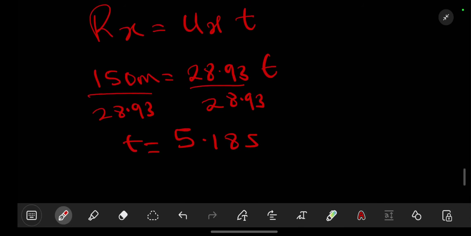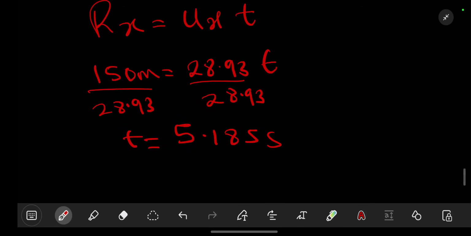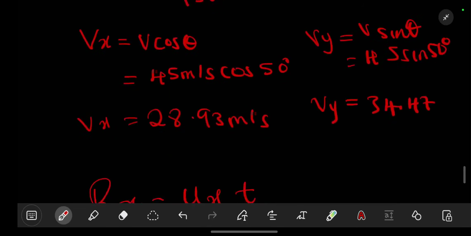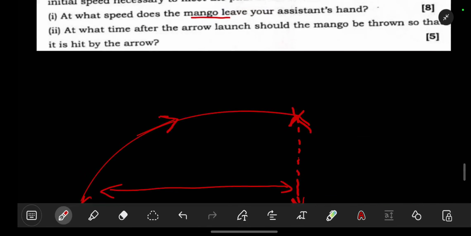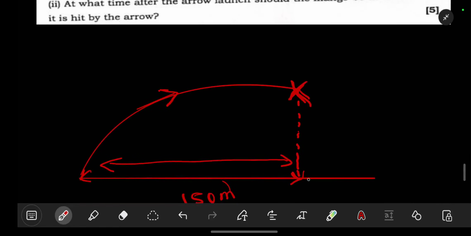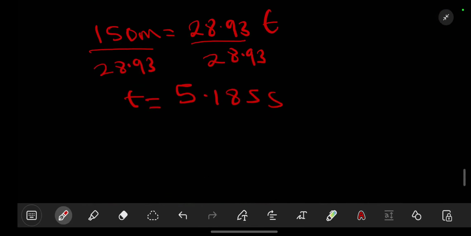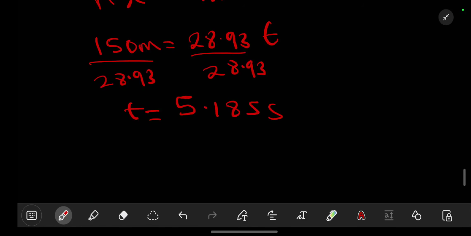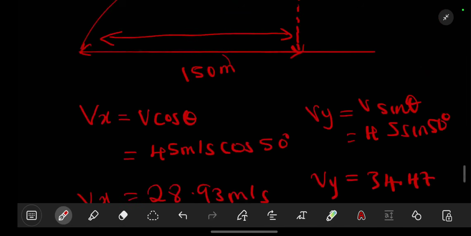So this is the time it will take for it to move from this point to where the 150 meter mark is. So from here up to here, it will take 5.185 seconds.